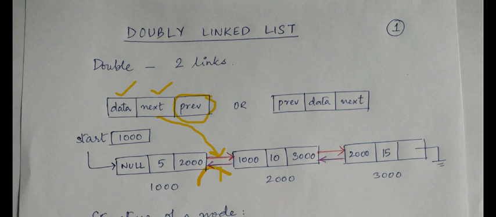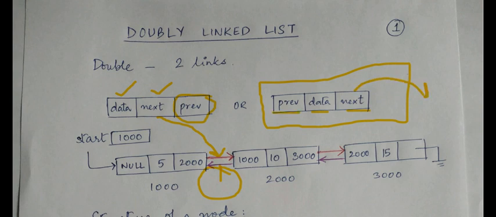So to simplify it, this is how I represent my node in the pictorial representation. I have the data, I have the next field, and I have the previous field. Next will hold the address of the node ahead of this node, and previous will hold the address of the node which is behind this.